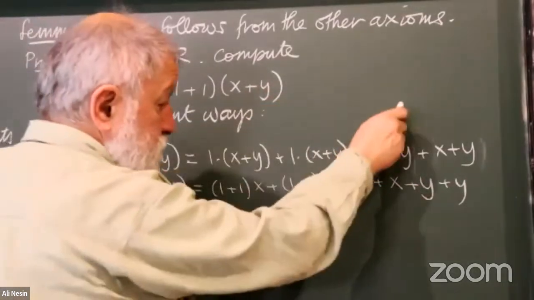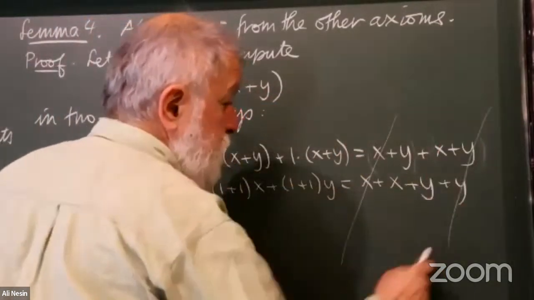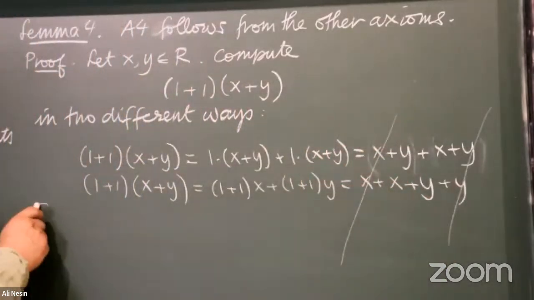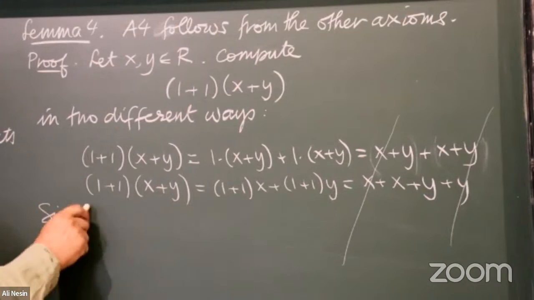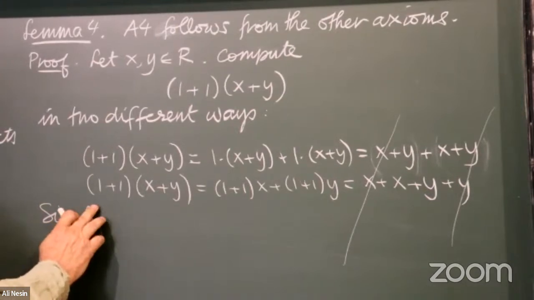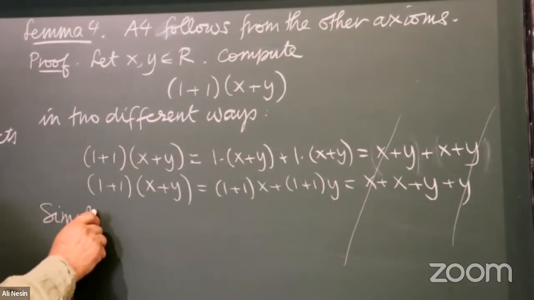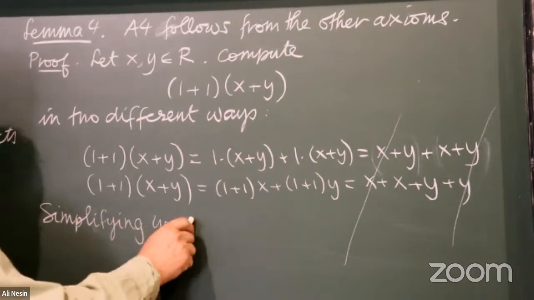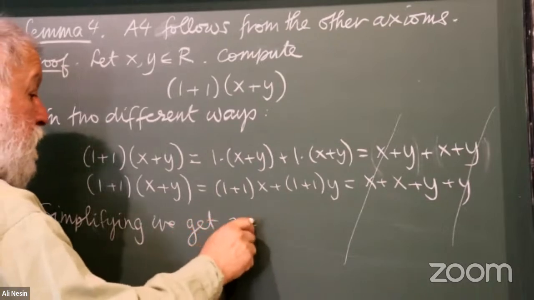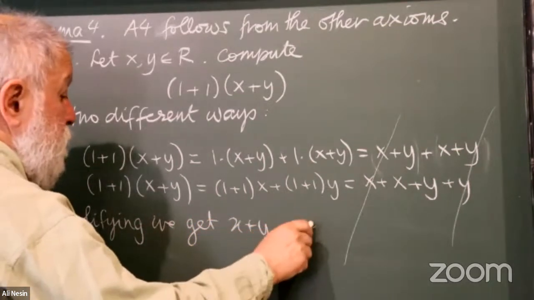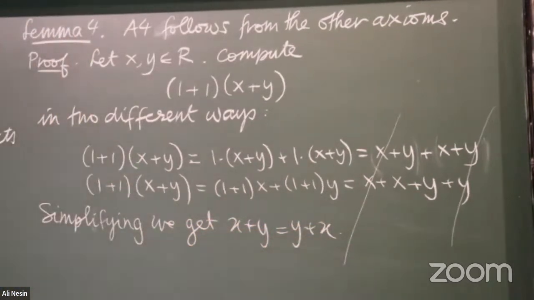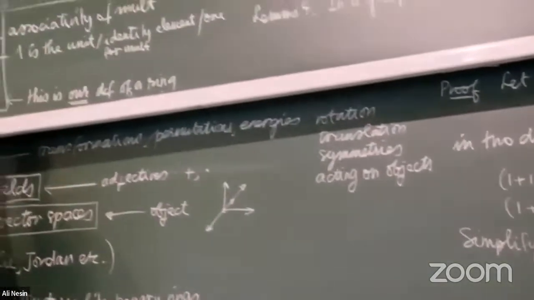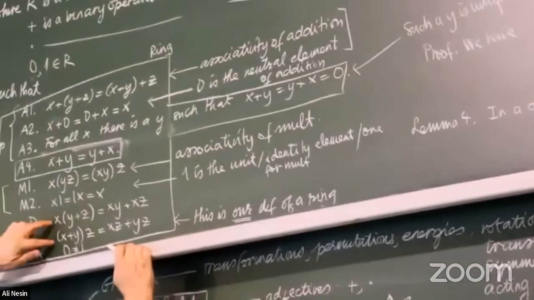Simplify x's, simplify y's. We get x plus y equal to y plus x. So this axiom is really for free. You don't need to put it there. It's a consequence of the others.